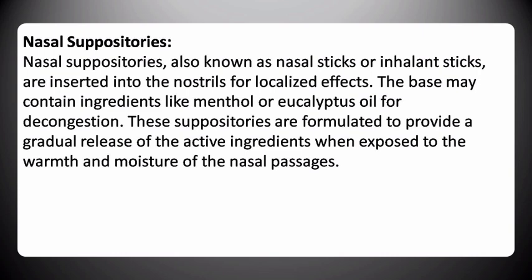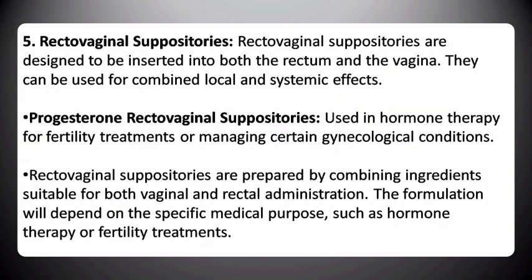Nasal suppositories, also known as nasal sticks or inhalant sticks, are inserted into the nostrils for localized effects. The base may contain ingredients like menthol or eucalyptus oil for decongestion. These suppositories are formulated to provide a gradual release of the active ingredients when exposed to the warmth and moisture of the nasal passages.